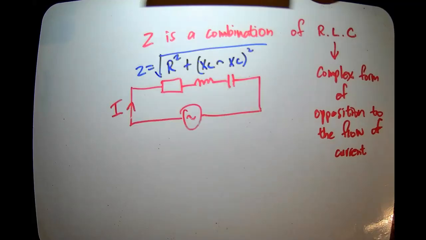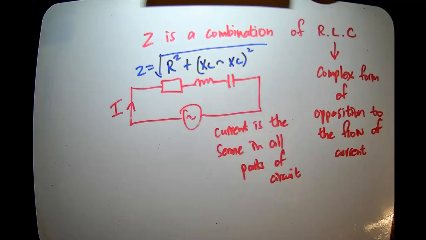So here we have I flowing in the circuit. Above we have the impedance formula, and here we have current flowing in a circuit going through the resistor, the capacitor, and the inductor. So current is the same in all parts of the circuit.